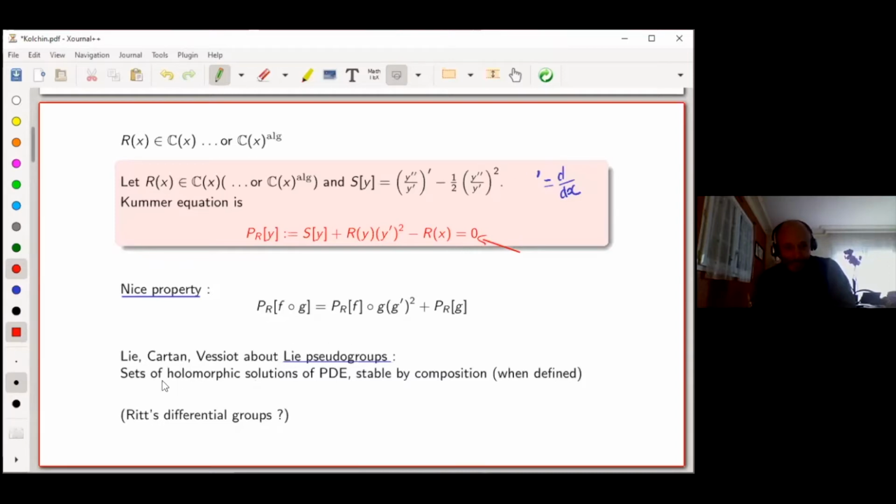Roughly speaking, it is a set of holomorphic solutions of a partial differential equation that are stable by composition when you can do a composition. Usually, if you have solutions of a partial differential equation, it is not always true that the range of one solution will be the domain of another one.